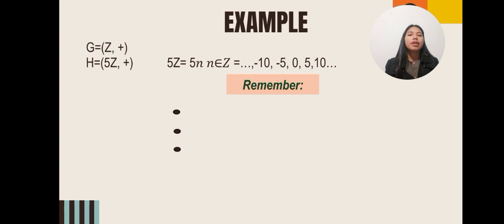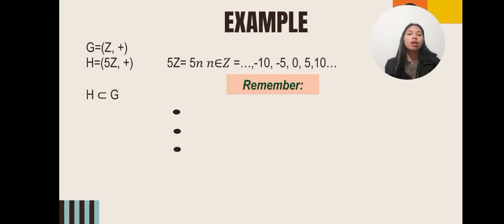So we have here G equals Z under addition, H equals 5Z under addition, and 5Z equals 5n, where n is an element of Z, all integers.